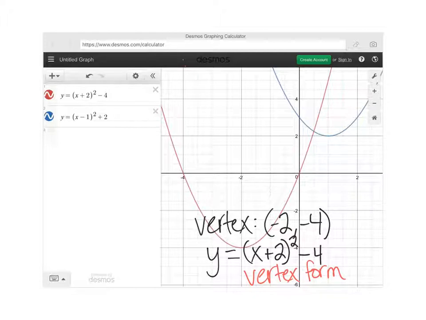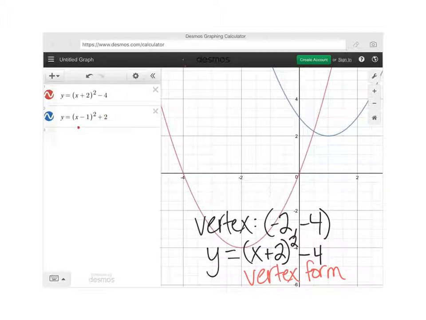What is my vertex of my blue? Count it. Like, start at the origin, 0, 0, and go to the vertex of blue. What is it? Over 1, up 2. Okay, my vertex is over 1, up 2. So I now need to be able to translate this vertex, 1, 2, into the equation, and it's right here.